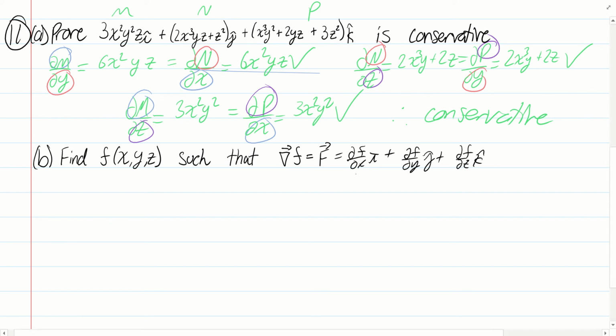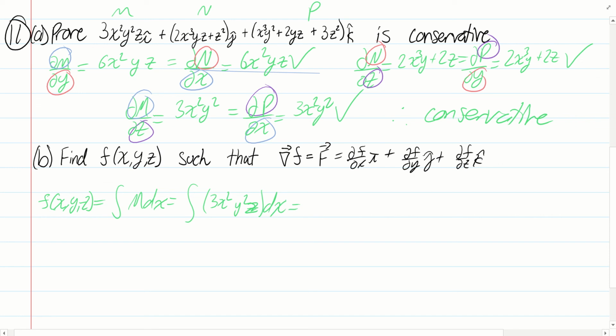So going with the m, the function f of x, y, z equals the integral of m dx, which equals the integral of 3x squared y squared z with respect to dx.